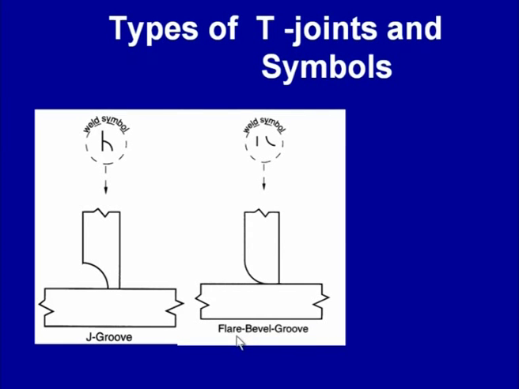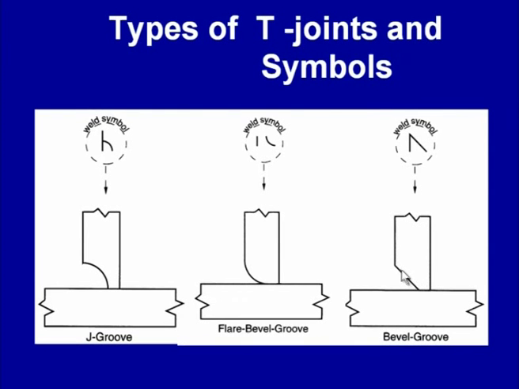This is the flare bevel groove, where the rounding of the corner of one edge of the plate is done, means flaring of one edge of the plate is done, and then weld metal is deposited in this portion for developing the T joint.